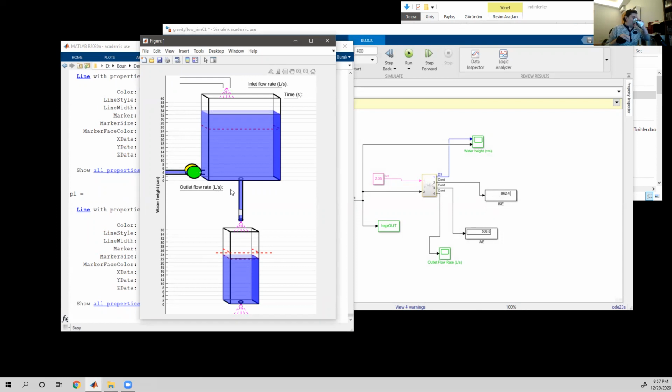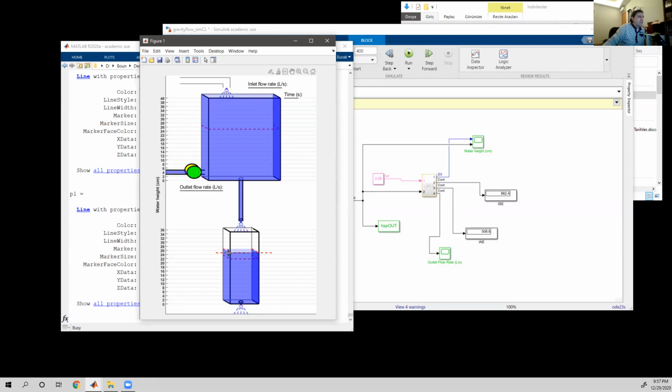Because the controller, in order to reach the new equilibrium point and increase the height, decreases the water flow rate here, so that water accumulates here, and there's going to be an increase. As you can see, the water is increasing here.